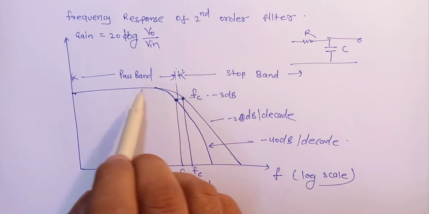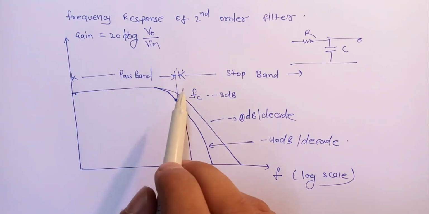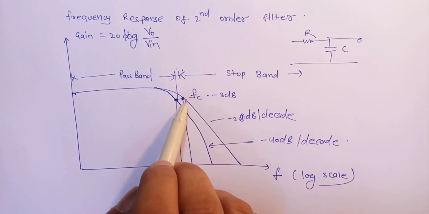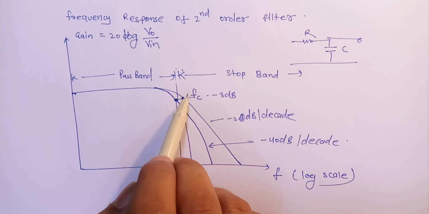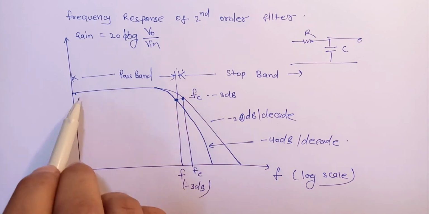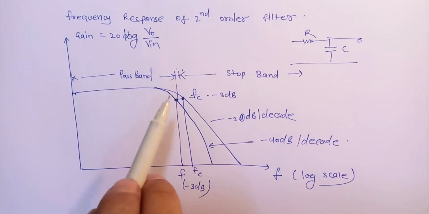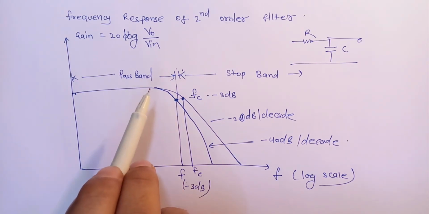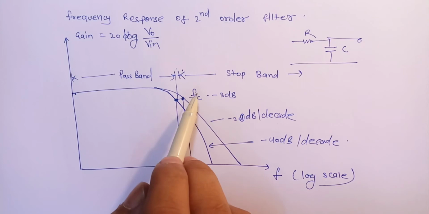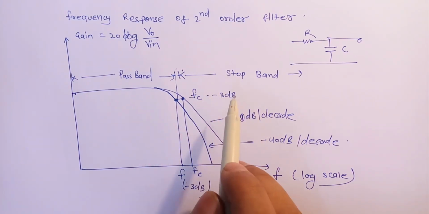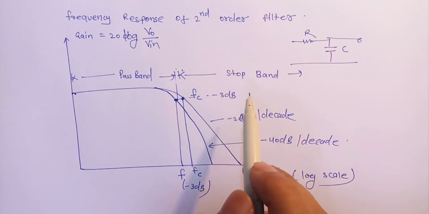This cutoff frequency point is 0.707, or minus 3 dB, of the voltage gain allowed to pass. The frequency range below this cutoff frequency FC is generally known as the pass band, as the input signal is allowed to pass through the filter, and the frequency range above this cutoff point is generally known as the stop band, as the input signal is blocked or stopped from passing through.